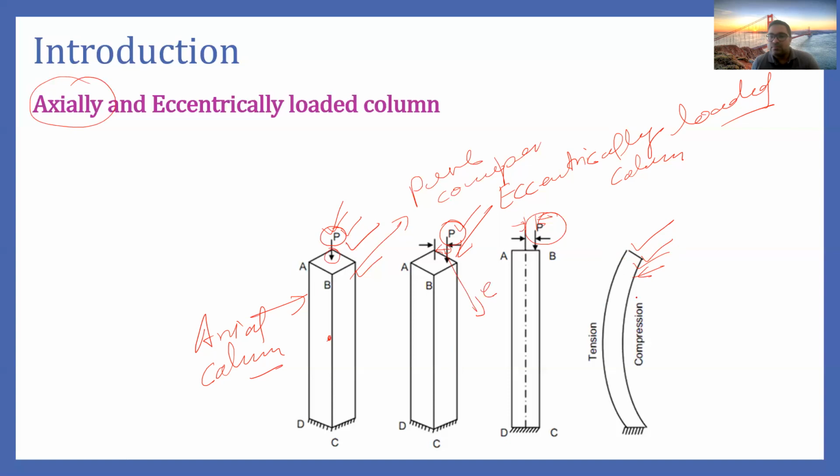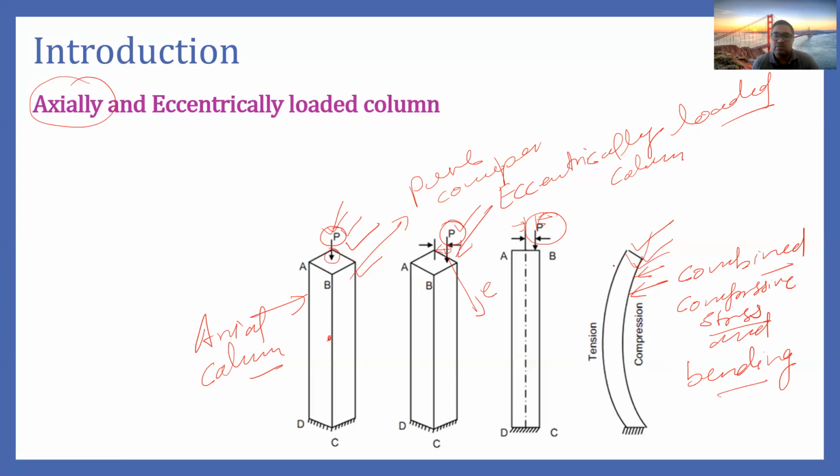Therefore, this column which is bending will be under combined stress. Combined stress means it will be under compressive stress as well as bending stress. So it will be under two types of stress: compressive stress and bending stress, because of this bending of the column.